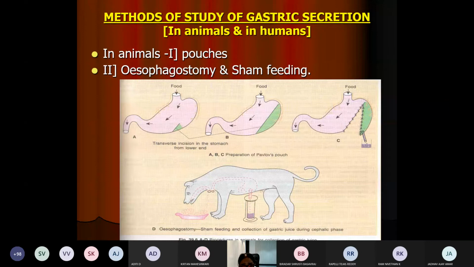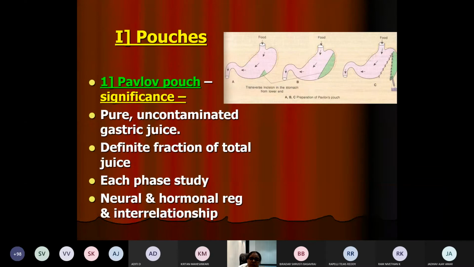In animals, pouches, esophagostomy, and sham feeding. Pouches, you can see a transverse incision in the stomach from the lower end. Preparation of Paul's pouch.